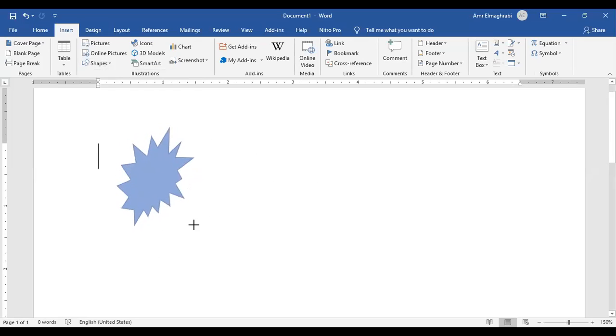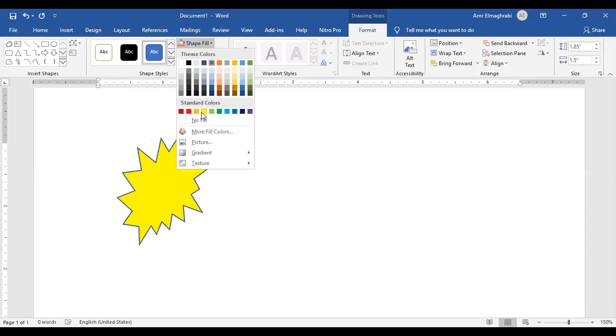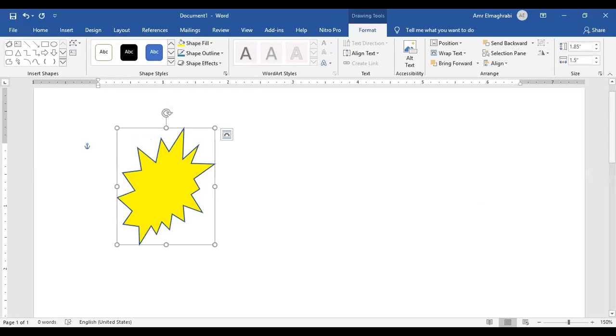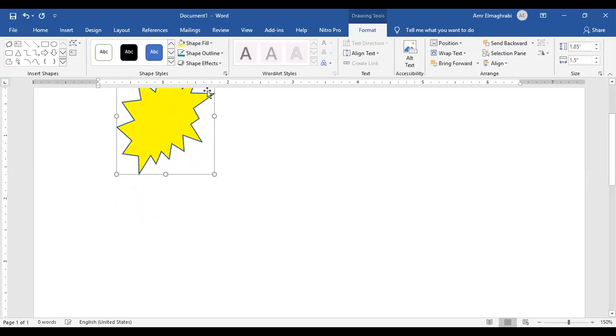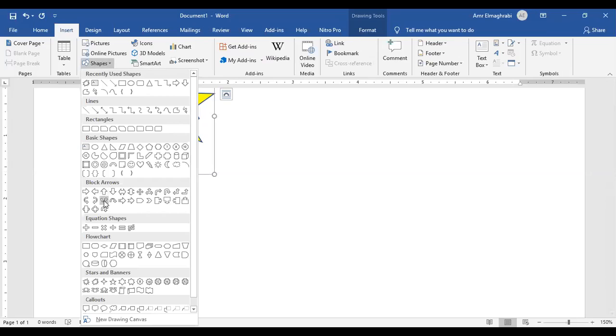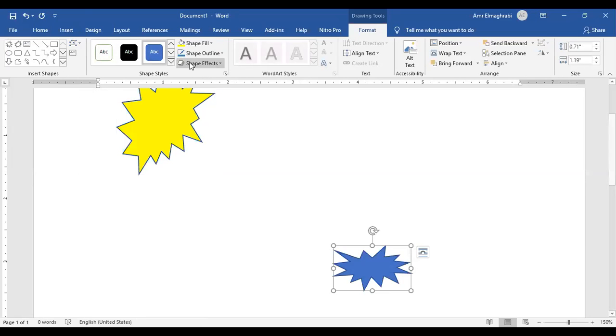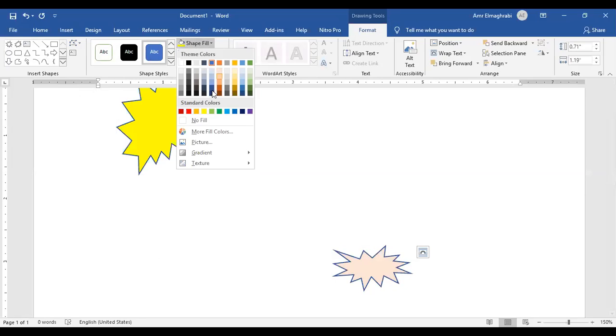This is the sun, for example, and a small fire.